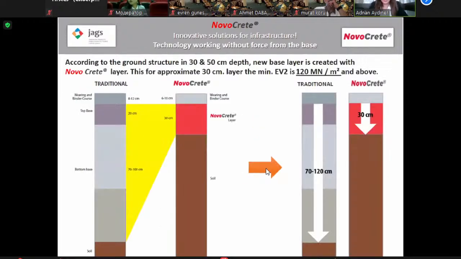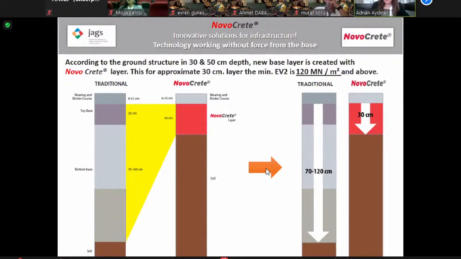According to the ground structure, you can see on the left that in the traditional one, you need to put bottom base, top base, binder course, and bearing course. But we eliminate them and put our NoCrate layer instead.